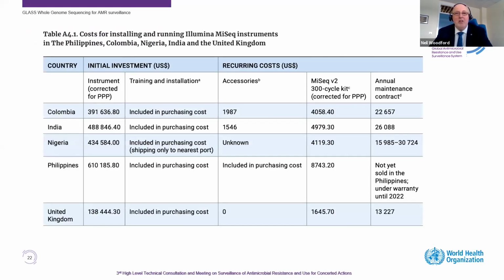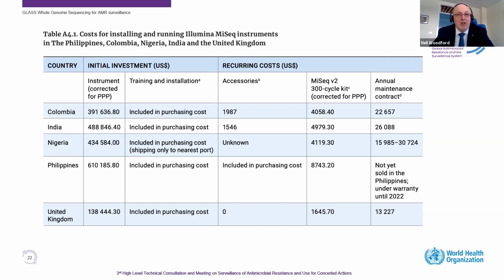And this is just one slide that summarizes the problems of buying Illumina MiSeq instruments in a number of countries compared to the UK. So you can see at the bottom of the slide, it would cost about £140,000, US dollars, to buy this machine.